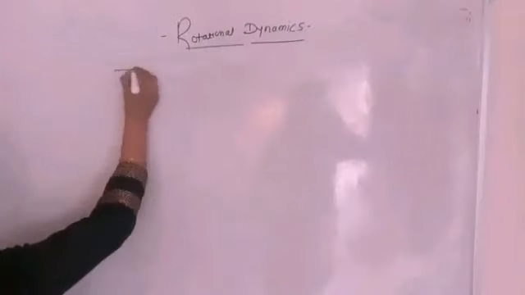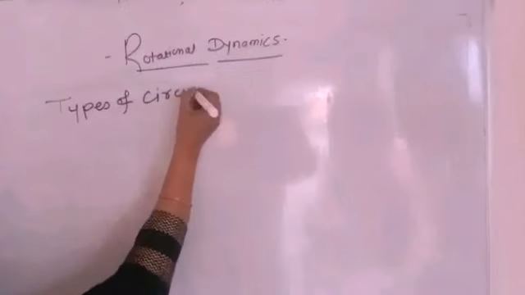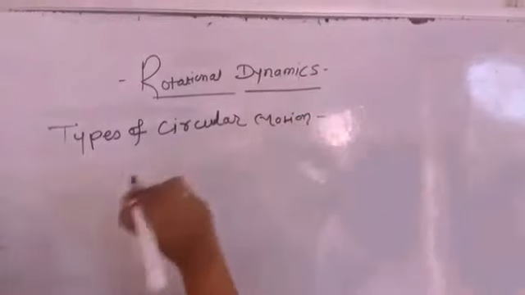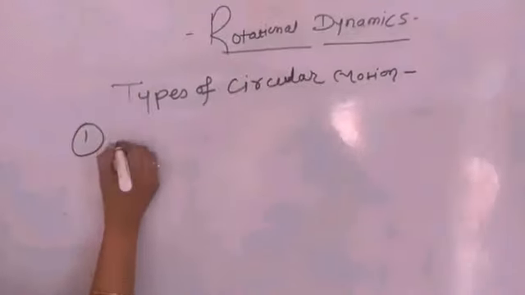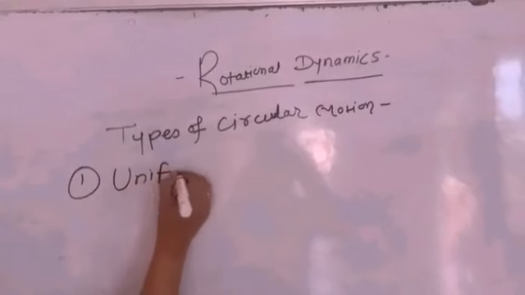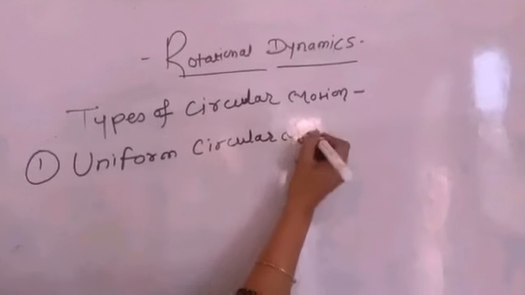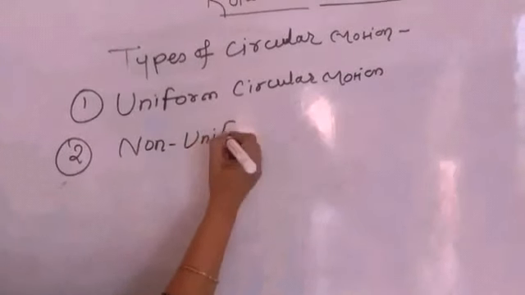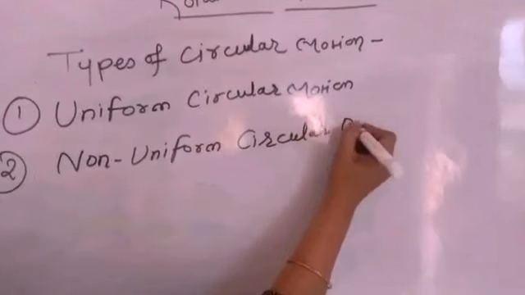We will see the types of circular motion. So there are two types of circular motion. First one is uniform circular motion, and second one is non-uniform circular motion.